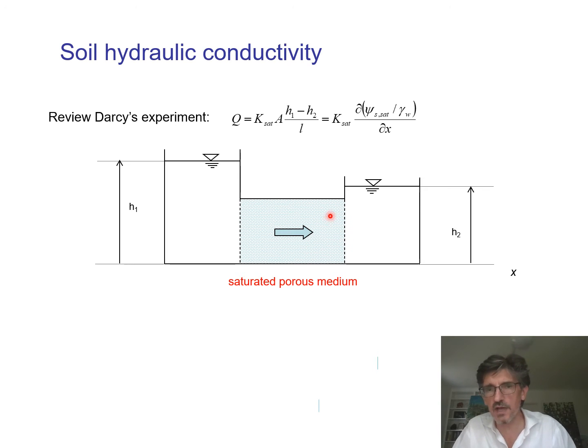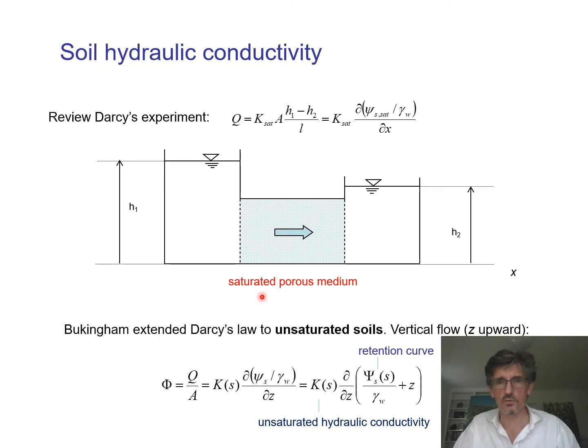Now, what happens if the soil here is not all saturated, but for example, only the small pores are filled with water, meaning that the soil moisture is not 1 but a value less than 1? Well, to get an expression, we resort to what Buckingham did at the beginning of the 20th century.